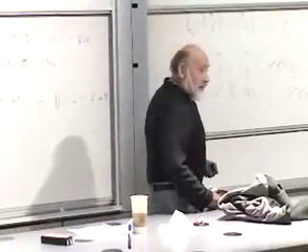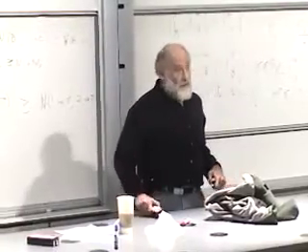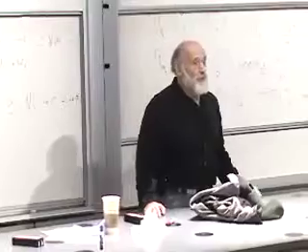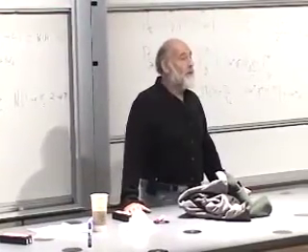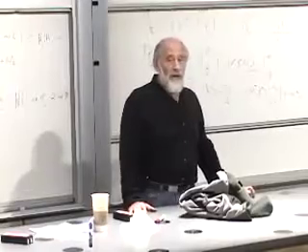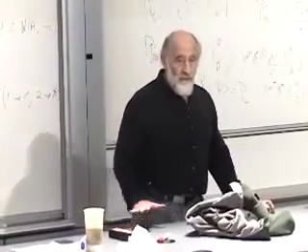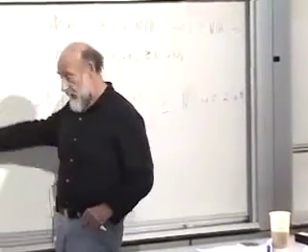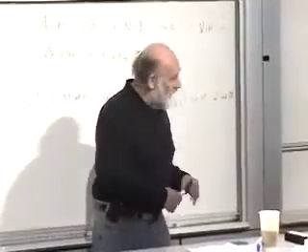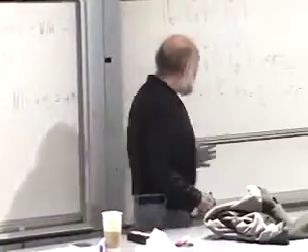In quantum mechanics, a very, very different setup. Propositions do not correspond to subsets. They correspond to subspaces of a vector space. Subspaces of a vector space are a very different thing than subsets of a set. And therein lie the very big differences.